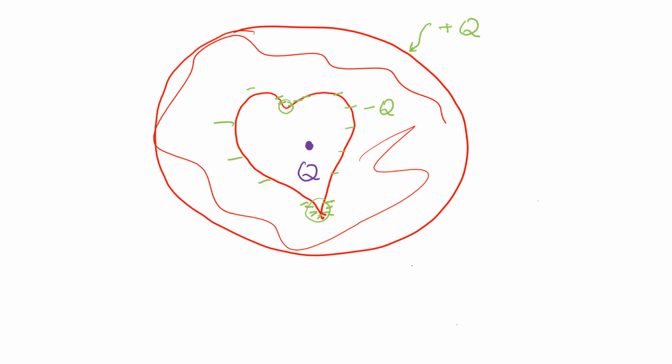That charge doesn't see that it has a heart inside it. That charge plus Q is only seeing the outside surface. It's trying to make the outside surface equipotential. The outside surface is looking very symmetrical. Every point is roughly the same, has the same radius of curvature.